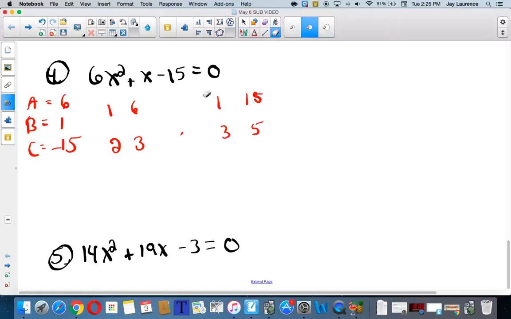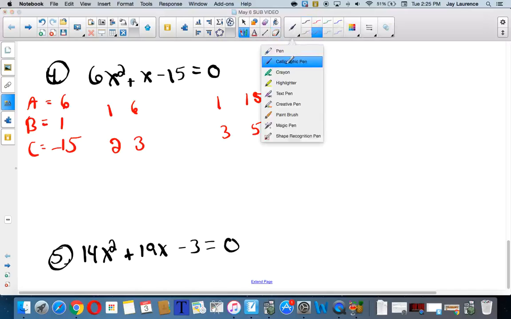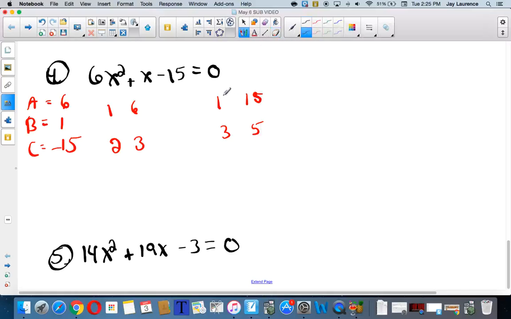And now I'm going to multiply the factors together, 1 from 6 and 1 from 15, right? And multiply their partners together. And then I have to subtract to get 1. Why subtract? Because the 15 is negative. So let's see here. I've got a 15 and a 6.